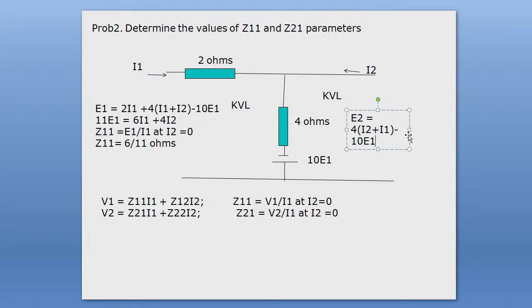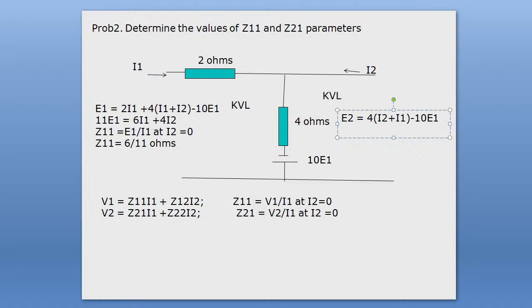If you have any confusion, you ask me. E2, the supply voltage at port 2, equals the voltage drop across the 4 ohm resistance minus 10 E1. We can write E2 equals 4(I2 plus I1) minus 10 E1.